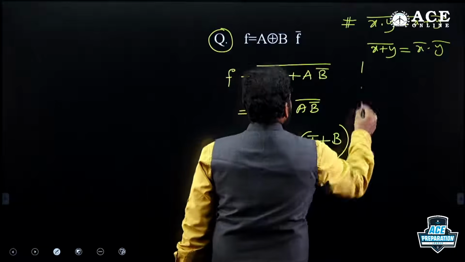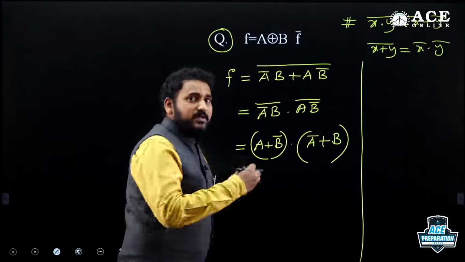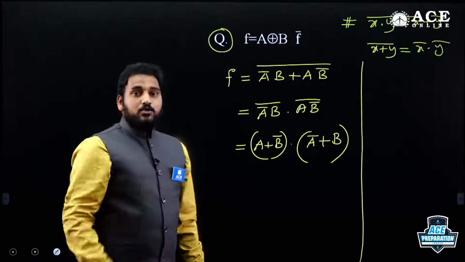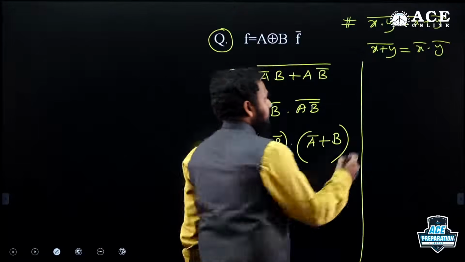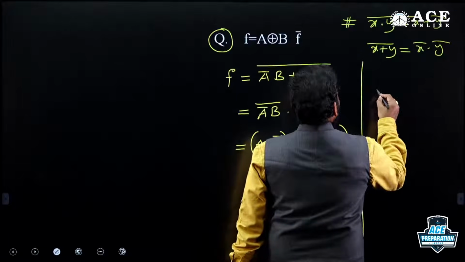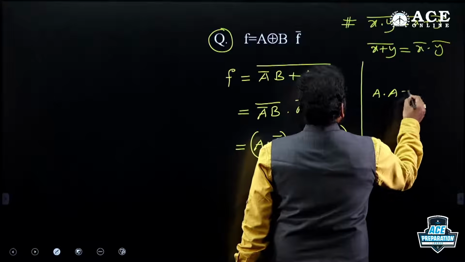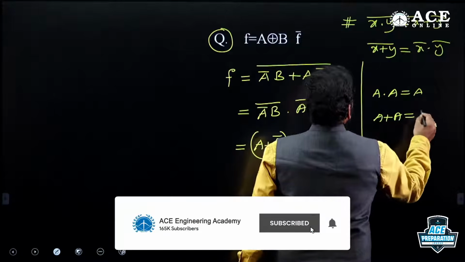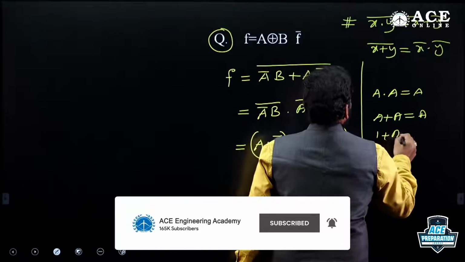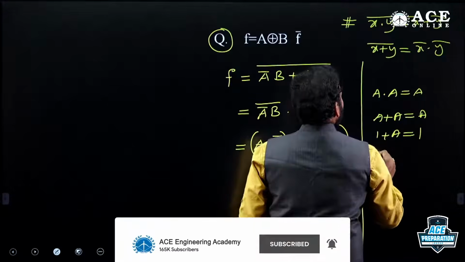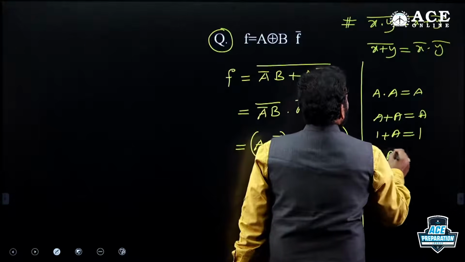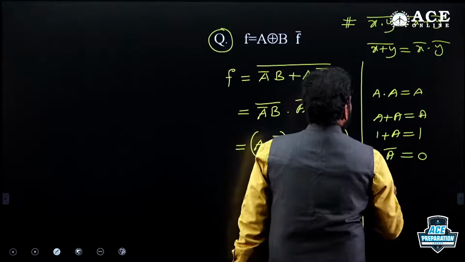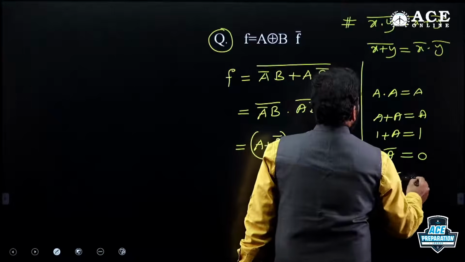And my dear friends, I hope you know the basic idempotent rules of Boolean algebra. A dot A is equal to A, A plus A is equal to A, 1 plus A, or anything plus 1, is equal to 1, A dot A bar is equal to 0, A plus A bar is equal to 1.